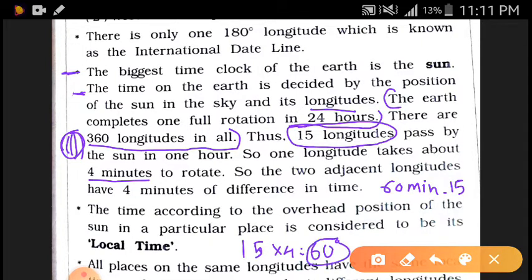So in 60 minutes 15 longitudes pass, and 4 minutes are taken by one longitude to pass, and that is the difference in time in all the places. So I hope you have understood the details about how one longitude takes 4 minutes to pass.